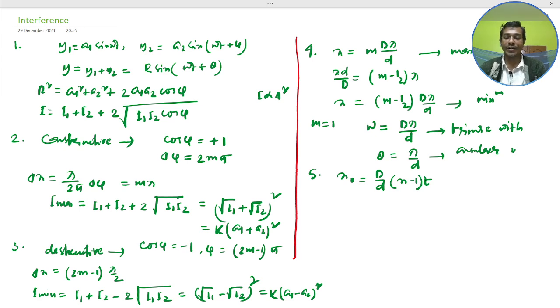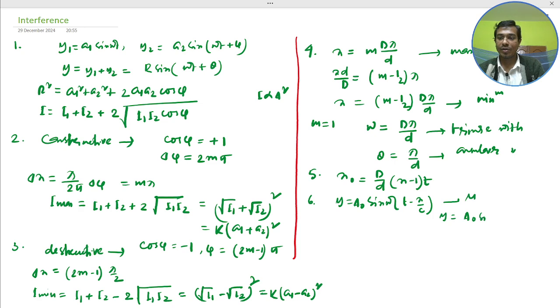And the next one, light wave traveling in a medium of refractive index mu. So for that case, the wave equation is y equal to a naught sin(omega t minus x by c). For index mu, it would become y equal to a naught sin(omega t minus mu x by c).